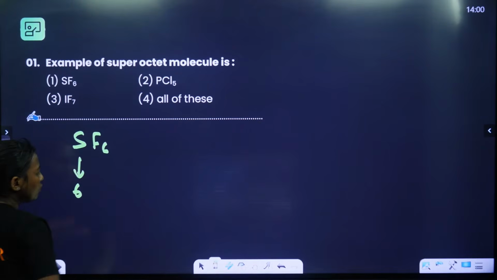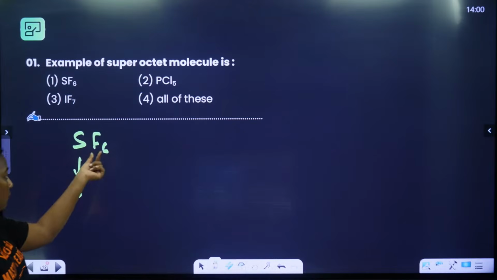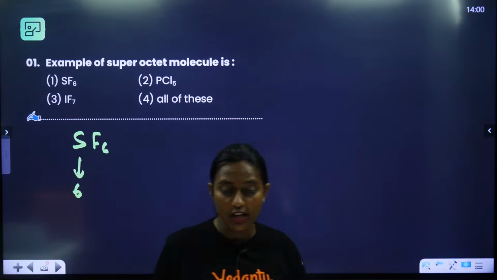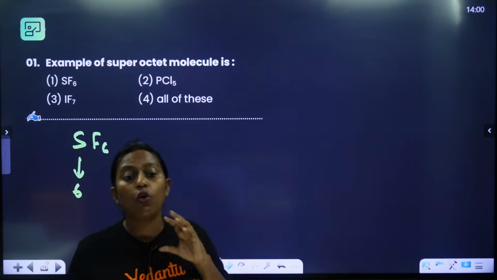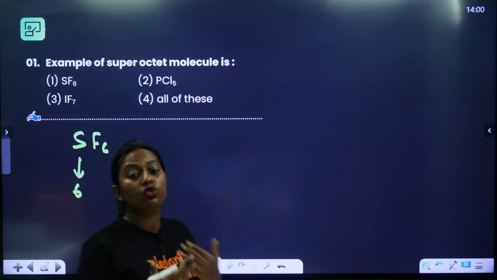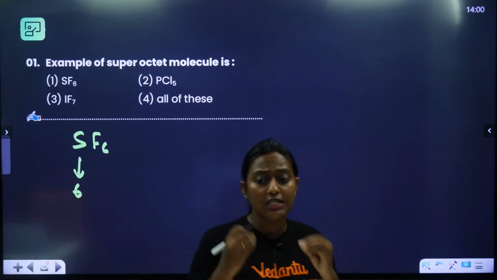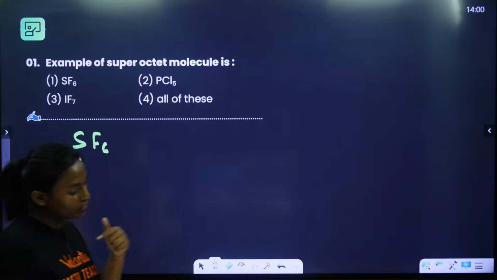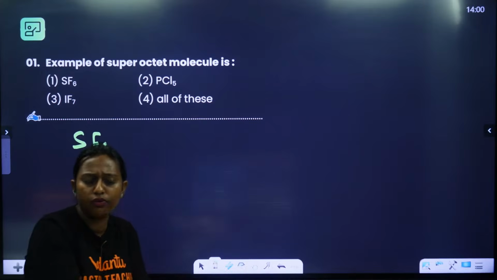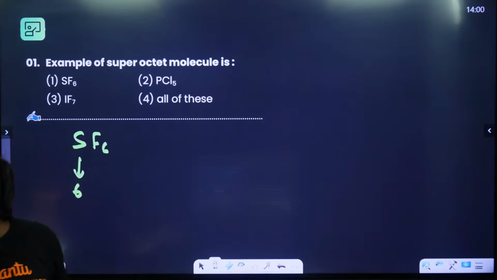The sulfur is bonded with 6 fluorine atoms. It's a covalent bond. What does covalent bond mean? It's mutual sharing of electrons. So sulfur will give 1 electron to share, and fluorine will also give 1 electron to share.